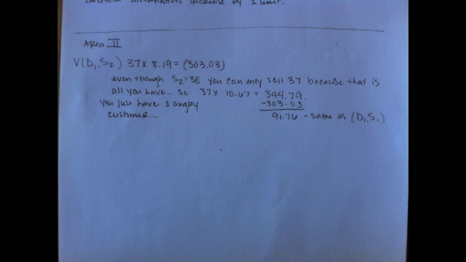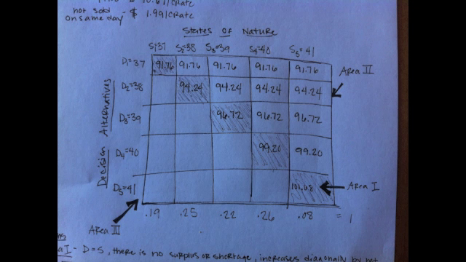There's nothing you can do about that customer that wanted one that didn't get one. So your net profit is going to be the same as D1S1, because it doesn't matter really how many people want them. Your demand, according to the states of nature, could be 1 million, but if you only have 37 crates, that's all you can sell. So your profit would be $91.76 across the first row.